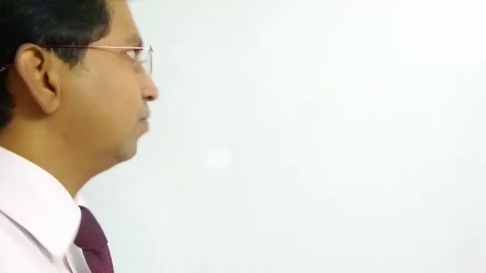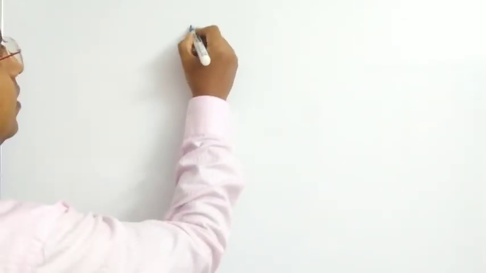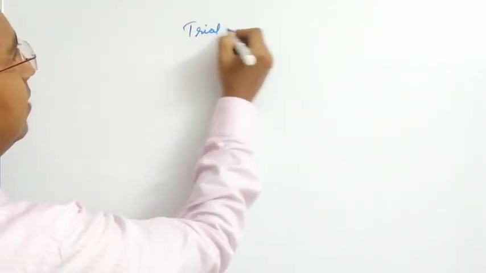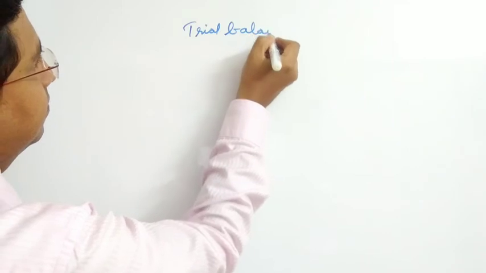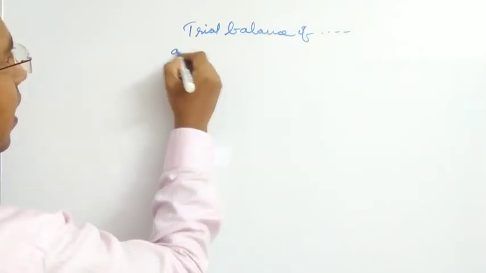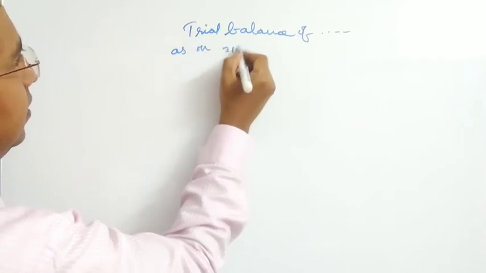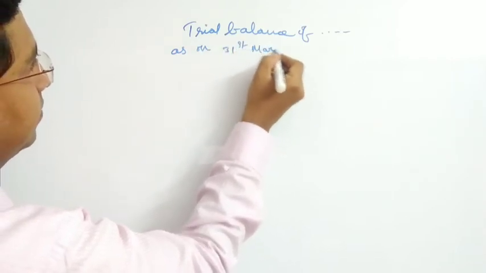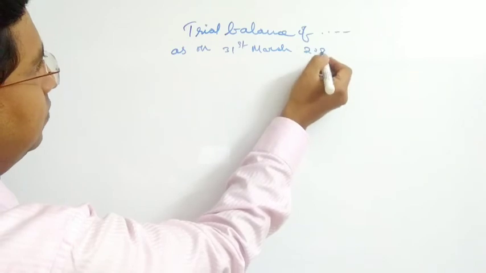Let us have the format of the trial balance. Trial balances are prepared on a particular date. It can be prepared on any day of the financial year, but still it is prepared at the end of the financial year in order to prepare the final accounts. Let us have the format. Trial balance of so and so X and Co as on 31st March 2020.